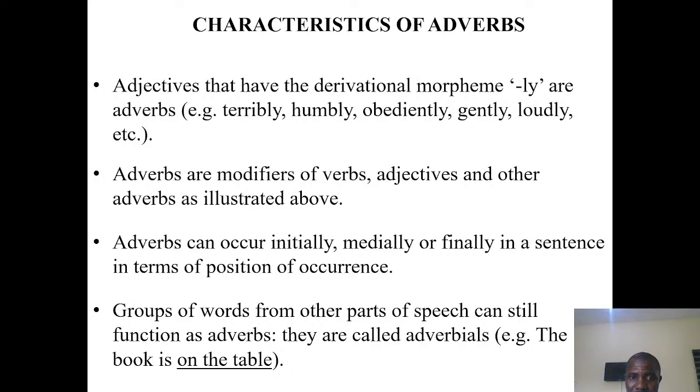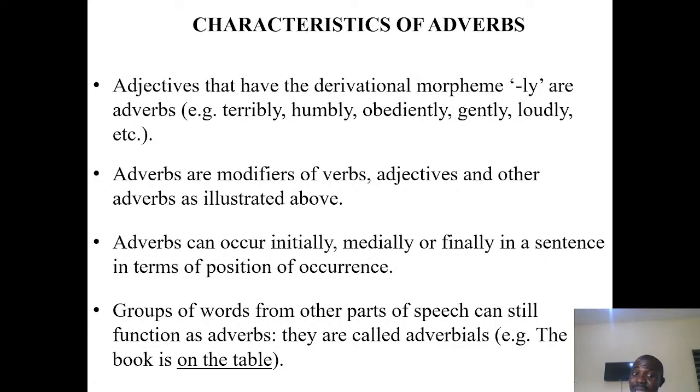A group of words from other parts of speech can still function as an adverb. Remember I told you, a group of words from other parts of speech can function as a noun. We call them nominal. They can function as a verb. We call them verbal. They can function as an adjective. We call them adjectival. When they function as an adverb, it is called adverbial. For instance, the book is on the table.